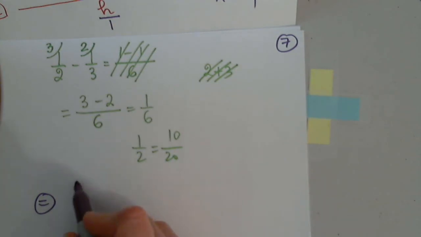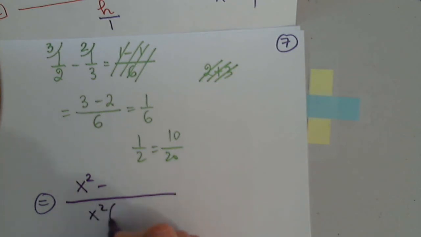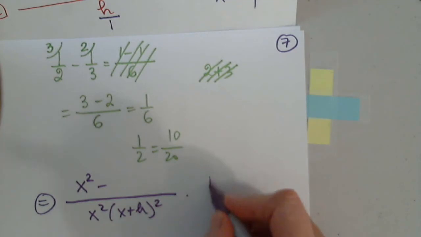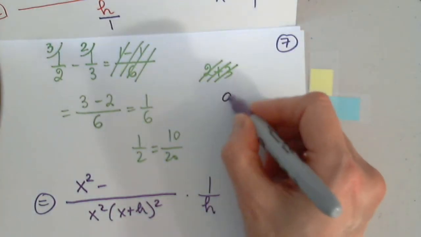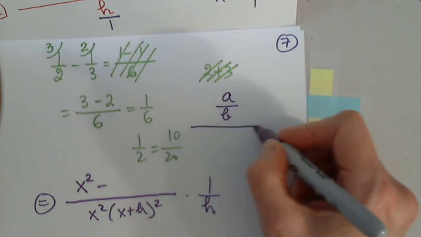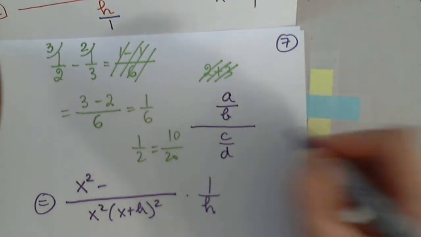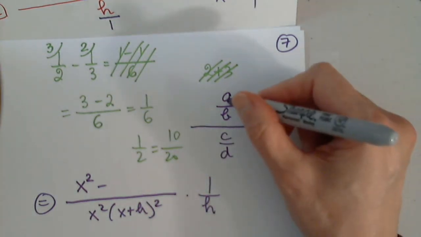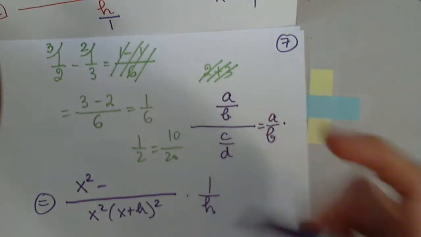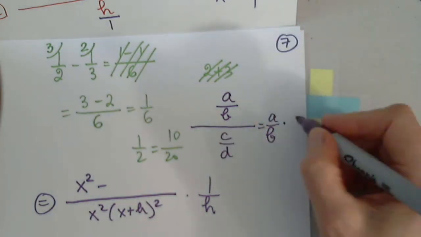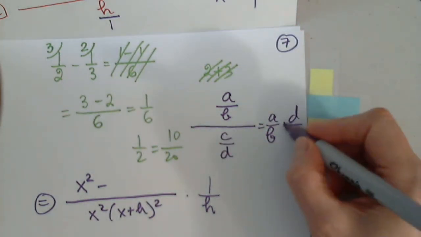So now the numerator is x squared minus x plus h squared, and I'll come back to it, divided by x squared, x plus h squared, multiplied by 1 over h. Because it was h over 1, so a divided by b, everything divided by c over d, we copy the fraction from the top and we multiply by the multiplicative inverse of the denominator.